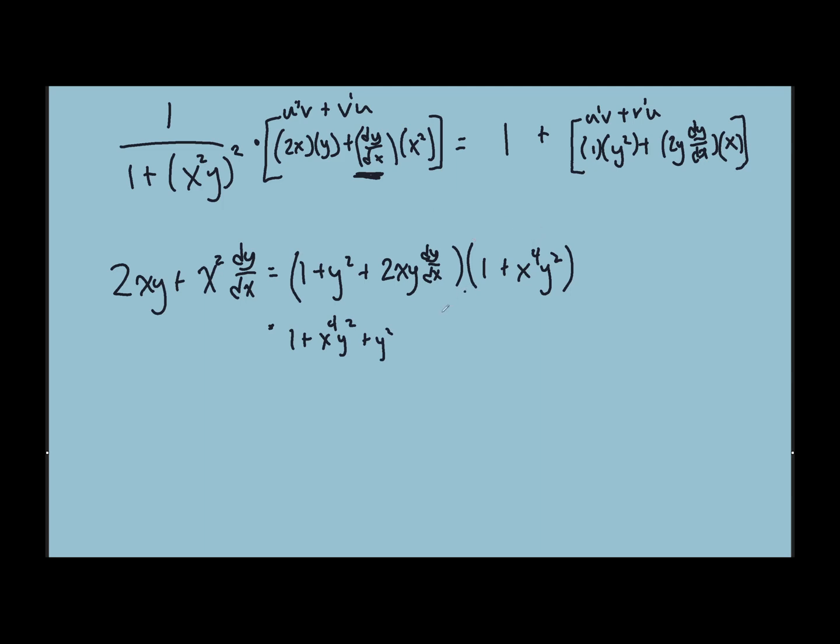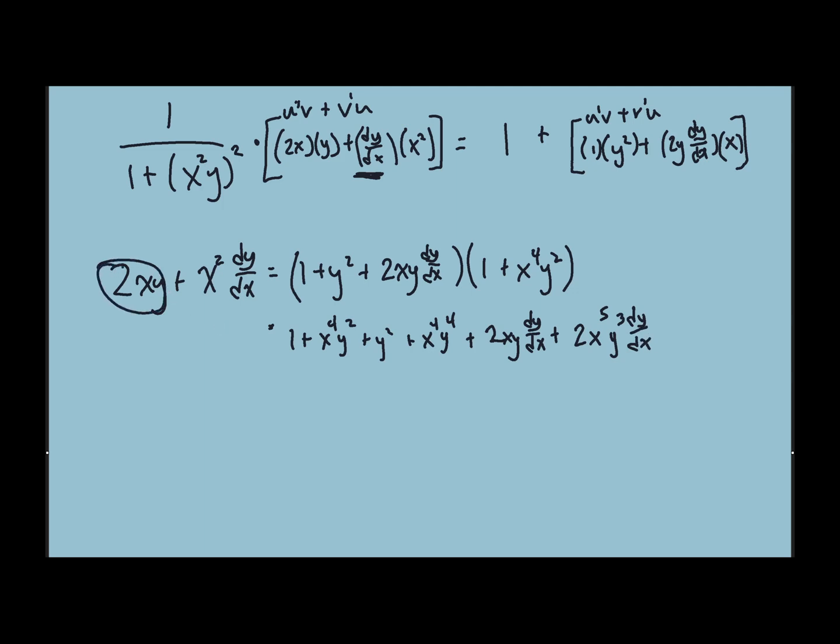So that would be y squared plus x to the 4th y to the 4th plus 2xy dy dx plus, that would be an x to the 5th, wouldn't it? And a y to the 3rd. So we'll call it 2x to the 5th y to the third dy dx.